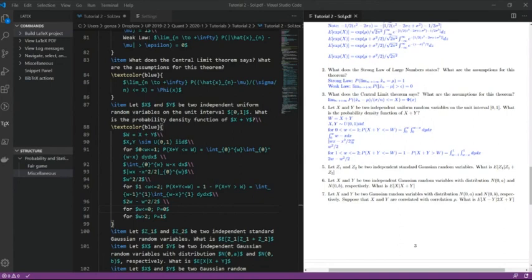LaTeX is much less friendly than installing Python. So I suggest you use Overleaf. See you guys later.